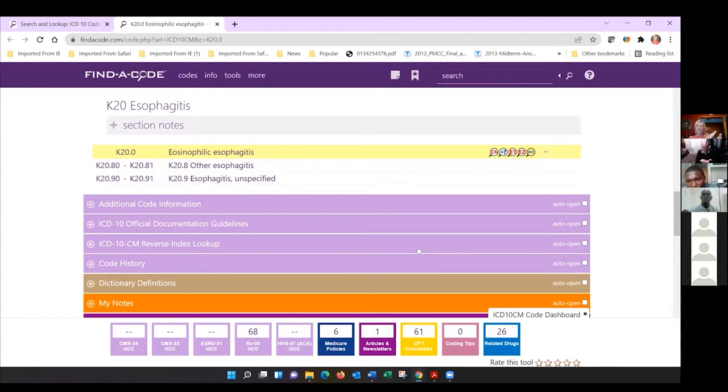So if you code something that is against Blue Cross in the state of Florida, it's going to red flag you.